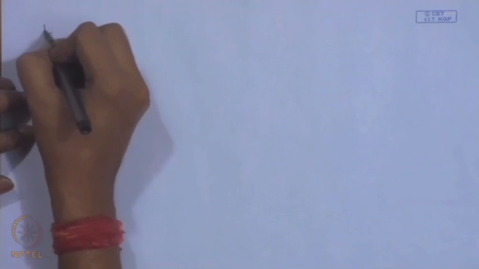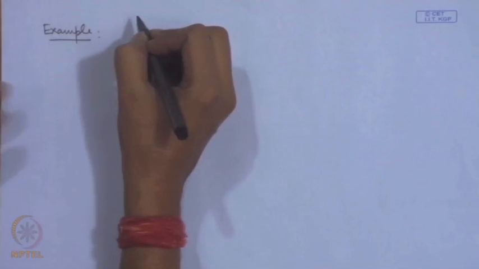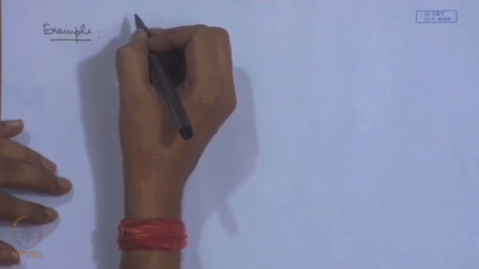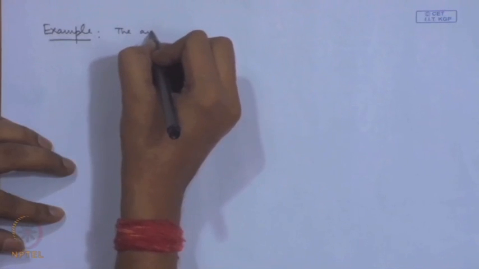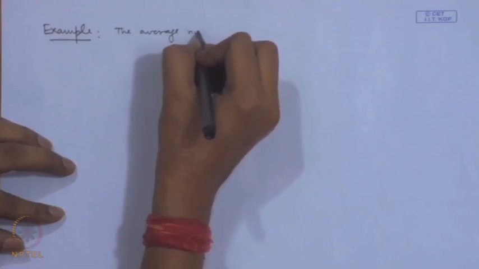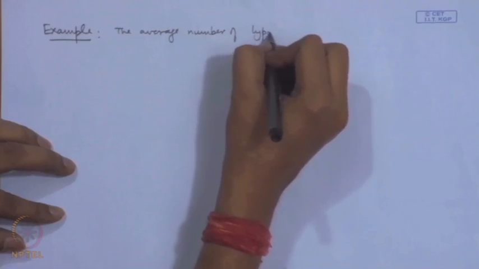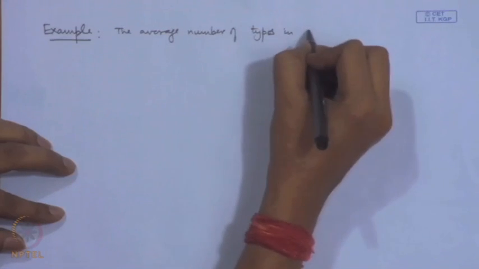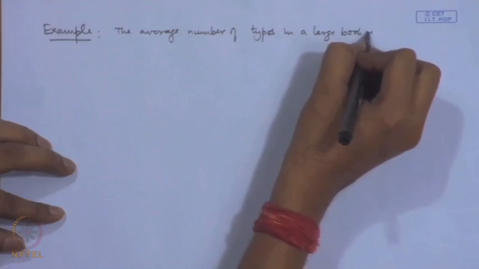Let me give one example here. The average number of typos in a large book is 300.